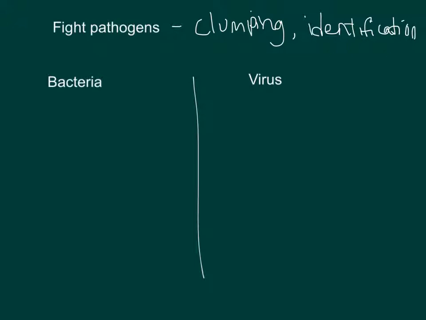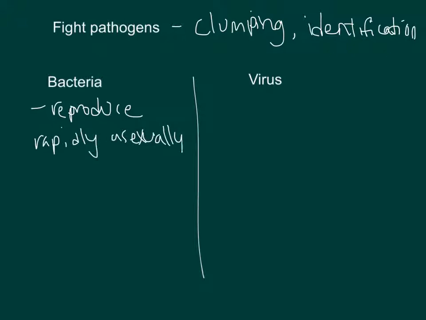The first one is bacteria. A little bit about bacteria: they reproduce rapidly and asexually, so they essentially are clones, apart from mutations. Something else interesting about bacteria is they can have a plasmid that can give them extra genes. Plasmids can lead to things like antibiotic resistance.